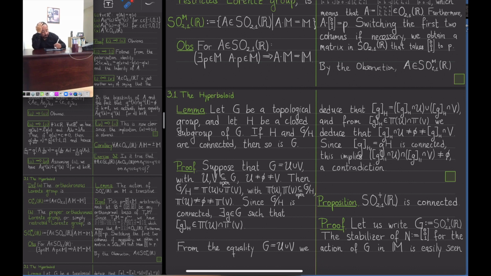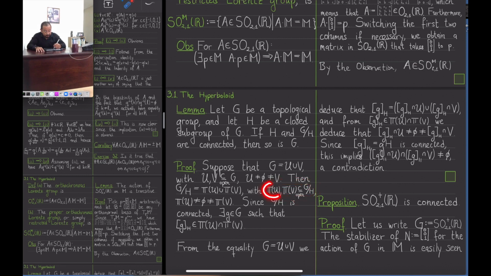Okay, so now from this, of course, we have that G modulo H, the space of cosets, is the union of the projections of these two, right? So pi is the canonical projection from G to the space of left cosets. Now these ones are open. Why?